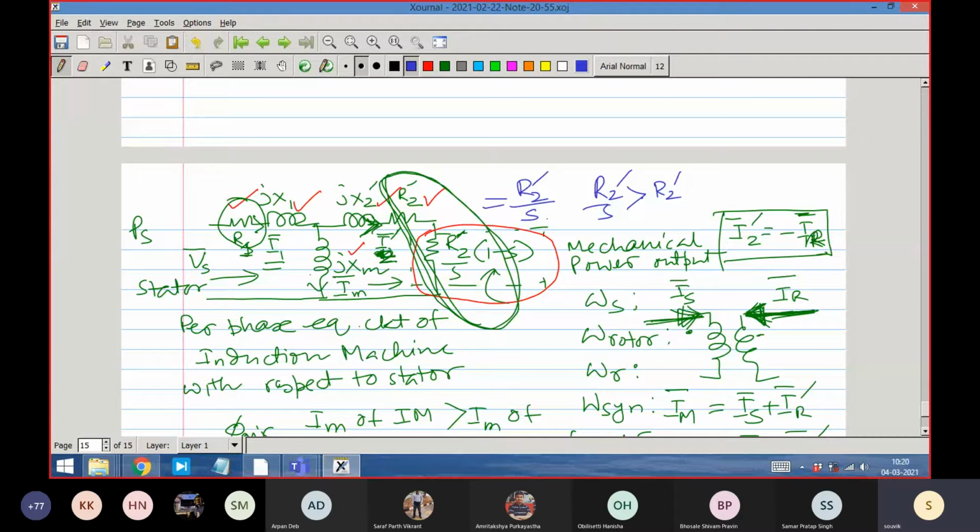This kind of numbers we expect, at least during running condition. After acceleration, when it has reached steady state and is delivering the rated torque, we expect the slip to be around 2%, 3%, 4%. So number-wise it is higher, and your common sense should also say that it has to be higher, because otherwise how do I account for the mechanical power that is going out? The power that is entering the air gap, if it is entirely spent on the rotor resistance, that doesn't make any sense.